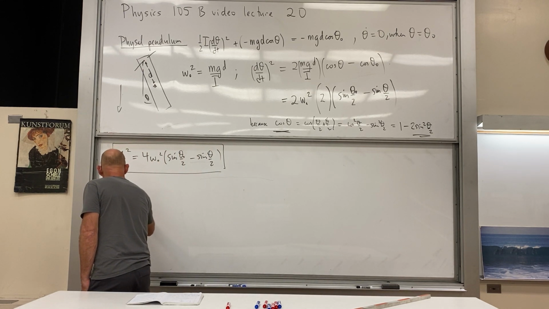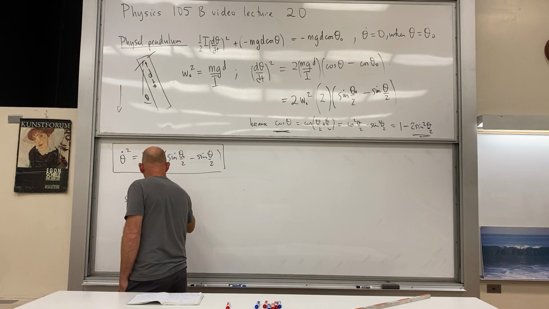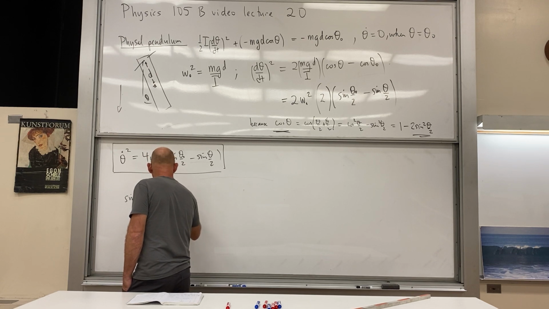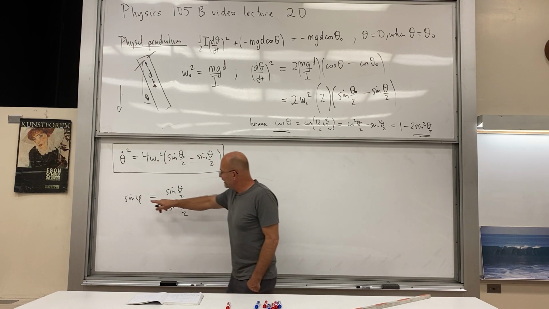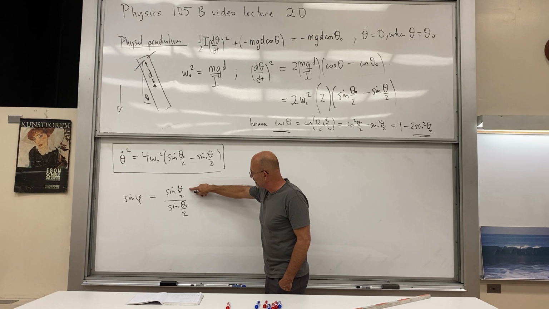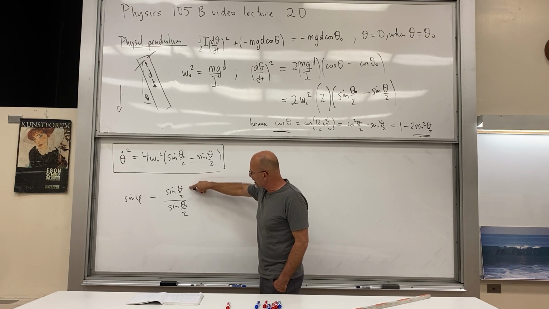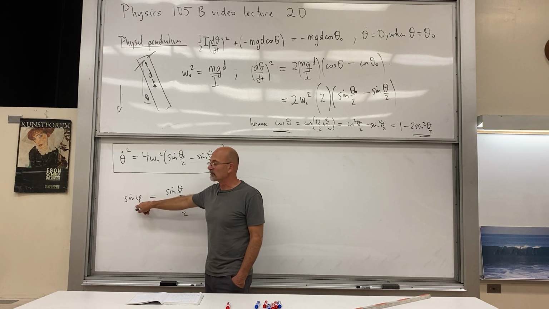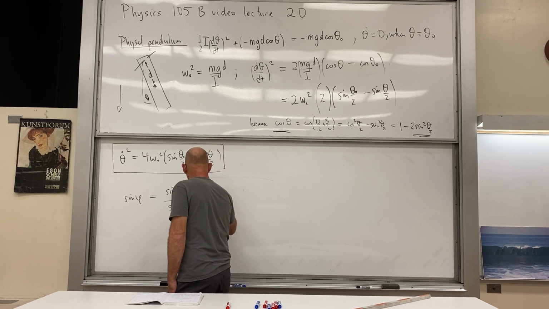So let's define the sine of phi as equal to the sine of theta over 2 divided by the sine of theta naught over 2. Because now you can see that phi is going to run from 0 to pi over 2 when theta runs from 0 to theta naught. Okay. When theta is equal to theta naught, we've got a 1 here, therefore phi is equal to pi over 2.